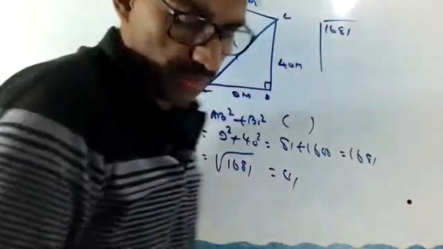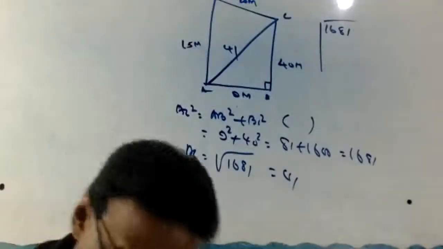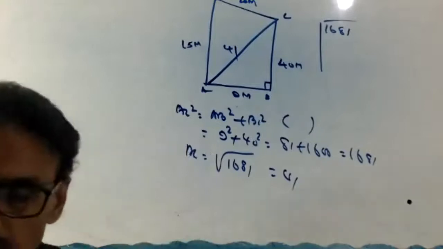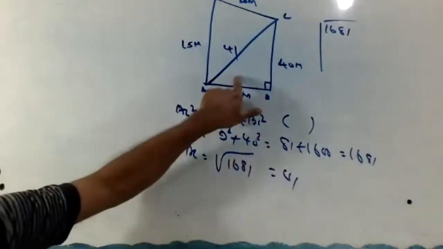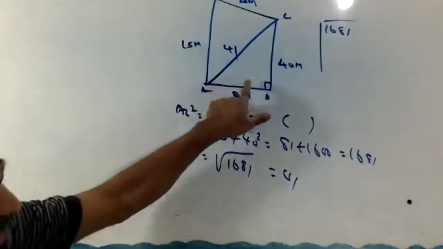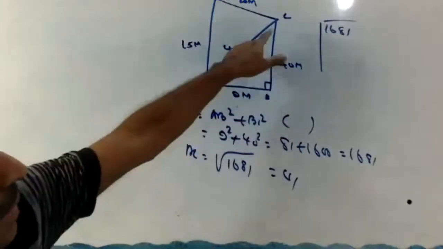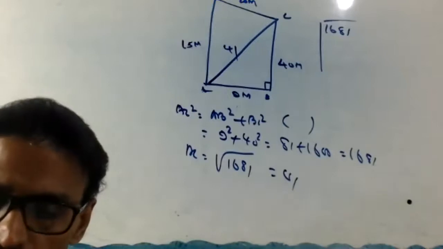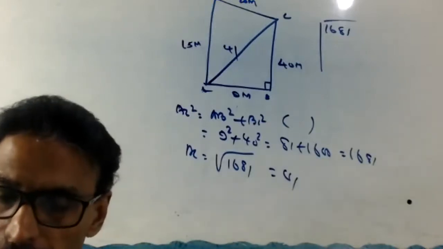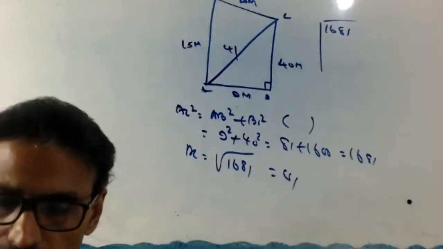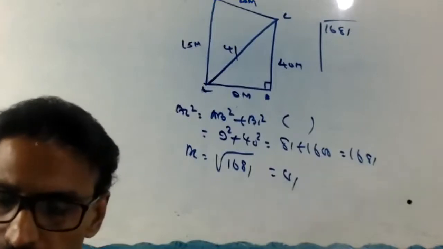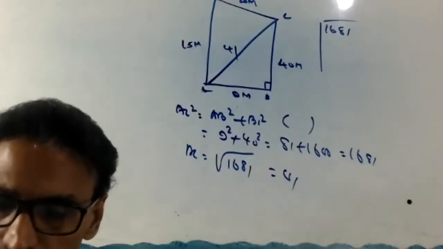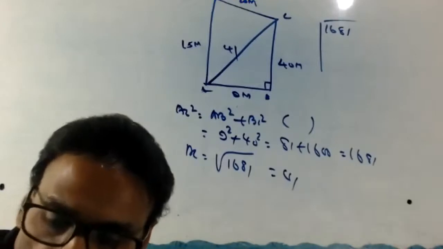Now after that, you find this area. You can find the area of triangle ABC. It's a right triangle. How do you find the area of a right triangle?